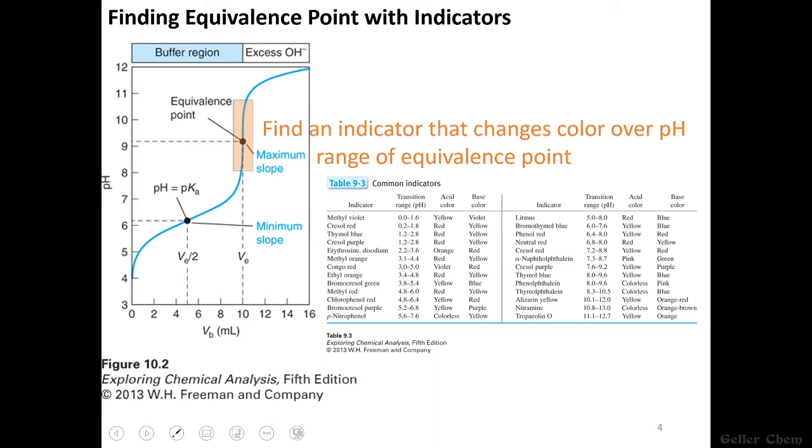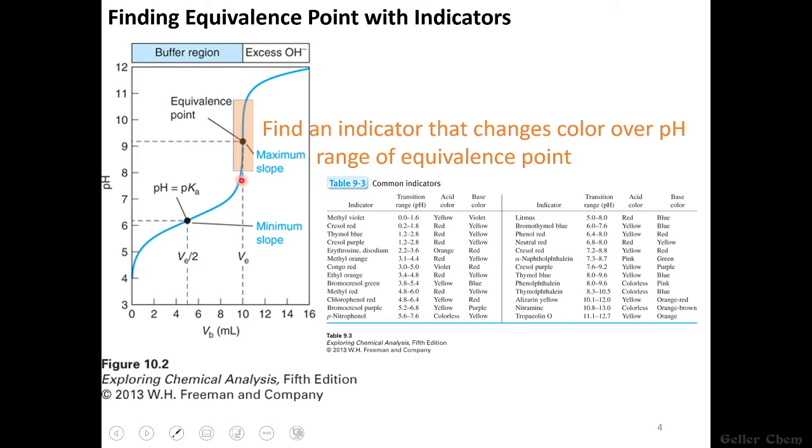And we'll write some notes down about this momentarily, but really quick, let me just say that the choice of indicator is ultimately based on the transition range overlapping the sharp pH change that goes with the equivalence point. The reason why that's important is because imagine this titration's happening here. The pH is rising steadily, steadily, steadily.